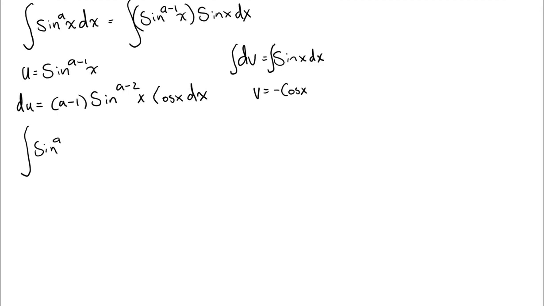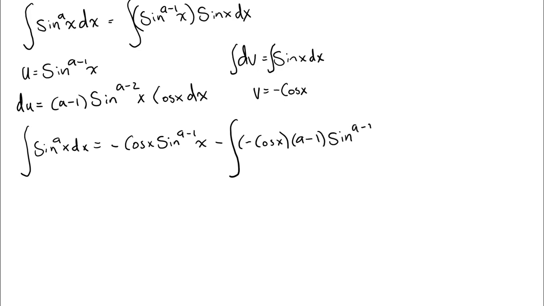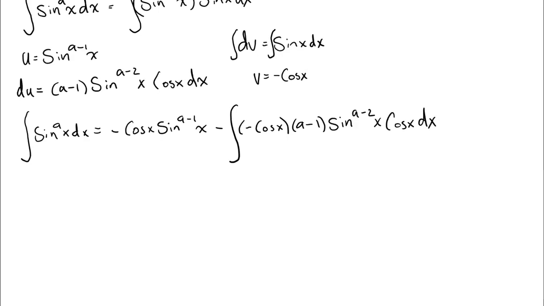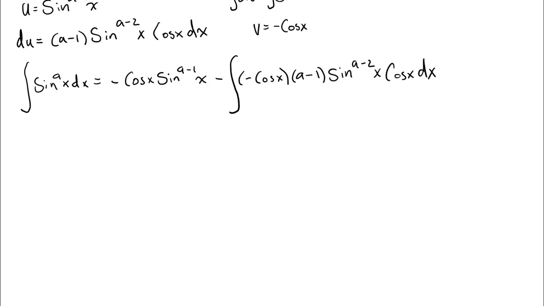So we have the integral of sine to the power of a of x dx, and this is going to equal uv, which is minus cosine of x, sine to the power of a minus 1 of x. And then it'll be minus the integral of v du, which is minus cosine of x, times du, which is a minus 1, sine to the power of a minus 2 of x, times cosine of x dx. For the next couple of steps, we'll just focus on this integral on the right-hand side, then we'll rewrite everything at the end.